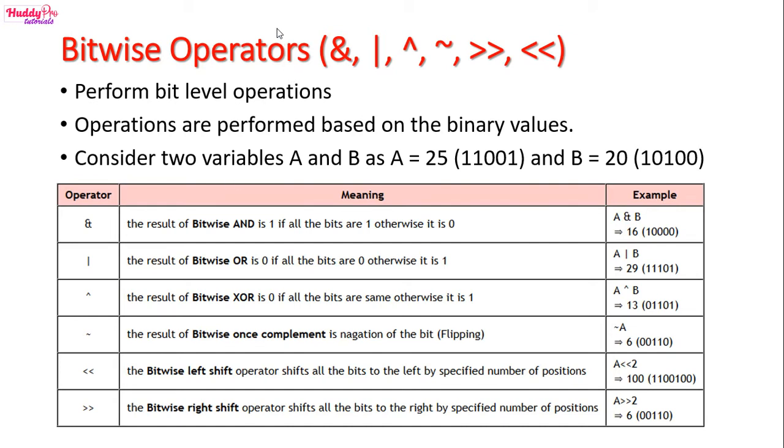So my friends, this direction here is the what? The left, and this direction is the right. So this is the right and this is the left. So this bitwise left shift will shift to the left. We are looking at a, which is 11001.